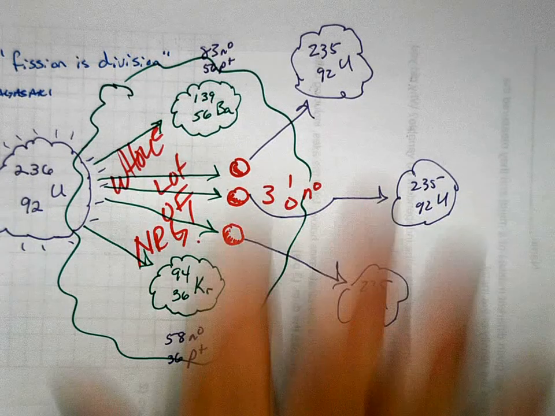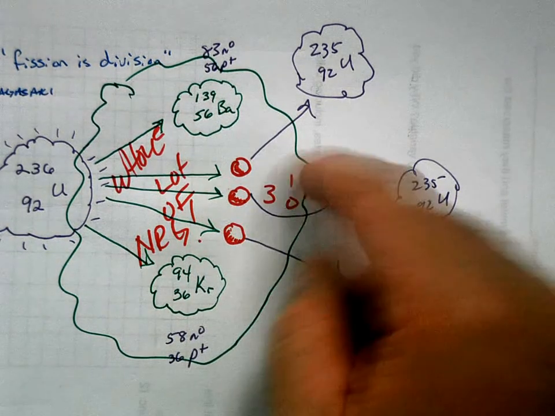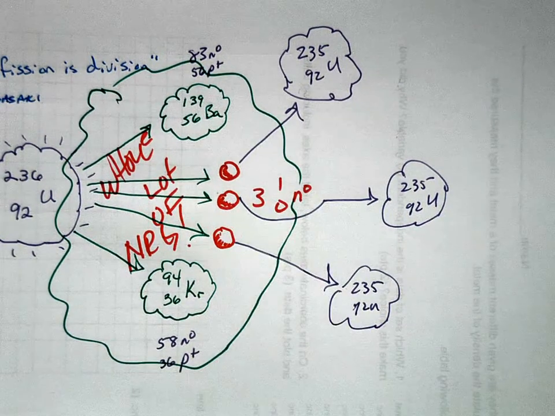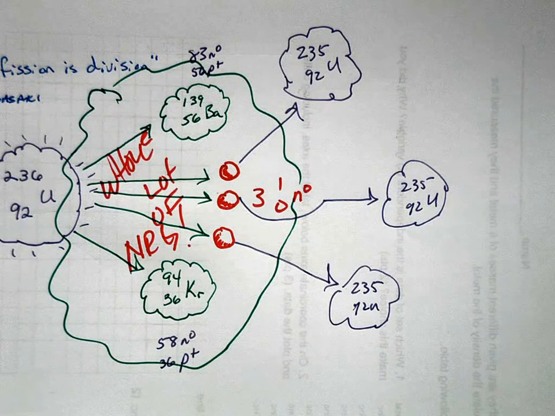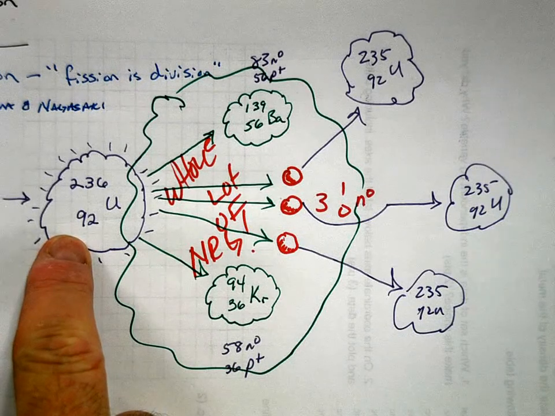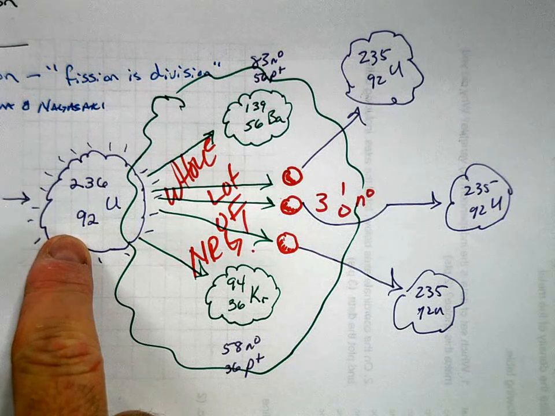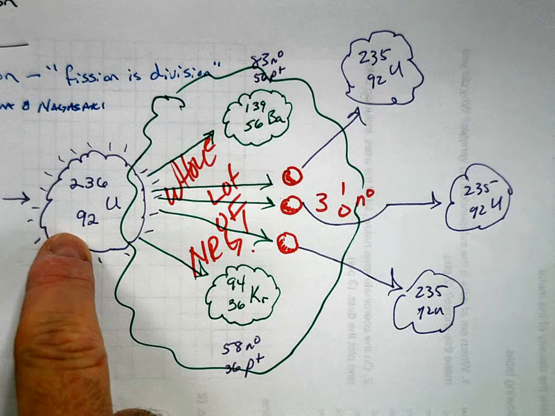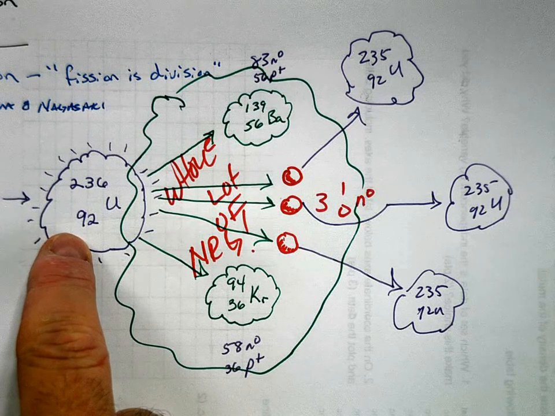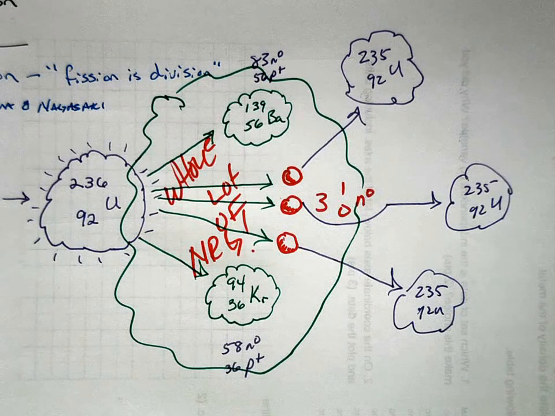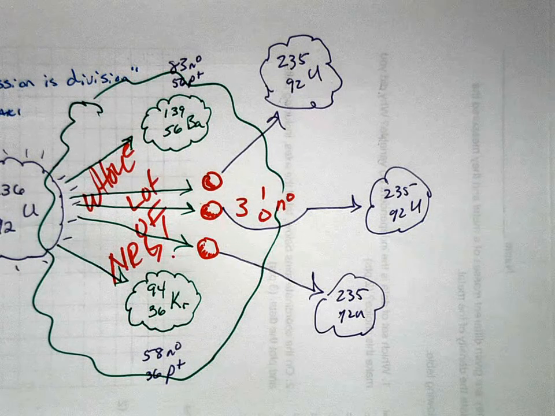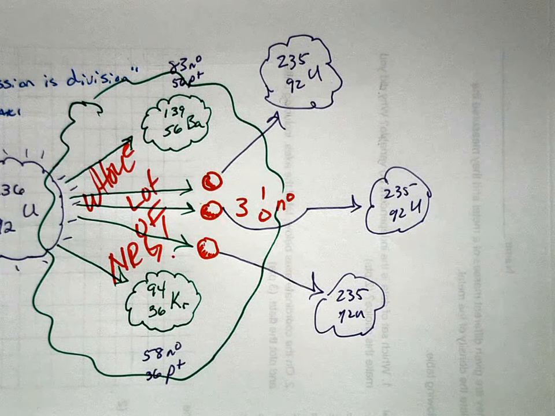So all of this, the 139-56 barium plus 3 neutrons plus 94-36 krypton actually has less mass than this 236-92 that we start with at the atomic scale. And mind you, these are individual atoms. If this happens in an uncontrolled process in a lump of uranium, this whole thing goes like that and releases a ridiculous amount of energy.